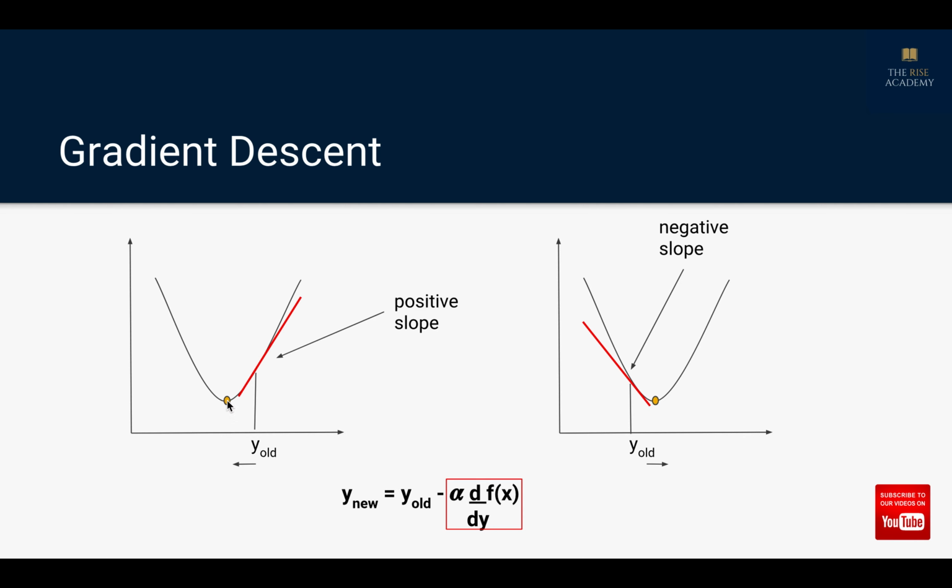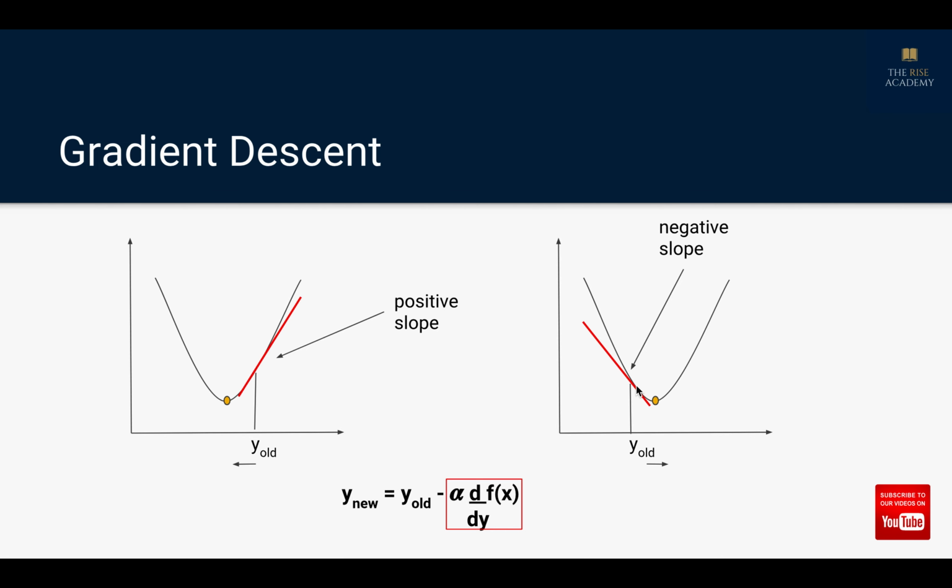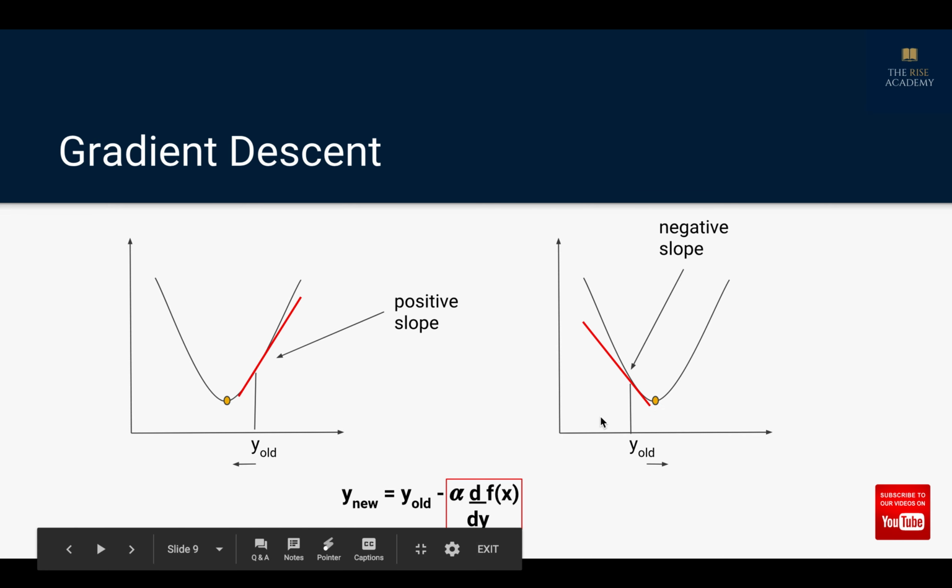till I reach this point. On the other hand, if I have this function and I calculate my y old somewhere here, it's a negative slope. So what will happen in that case? A negative and a negative slope will become positive, and my y old will actually then move in the other direction.